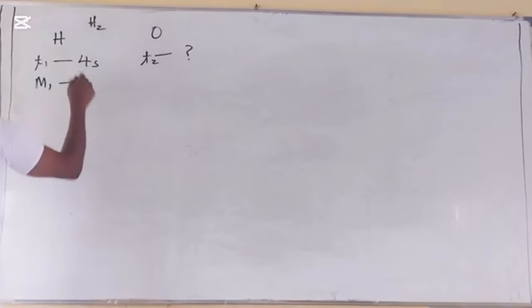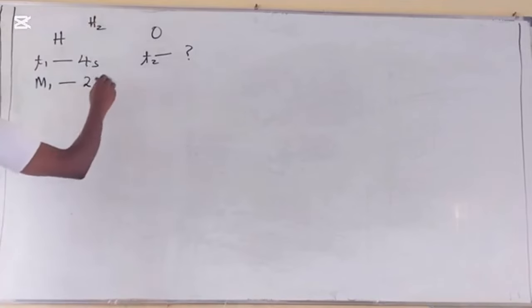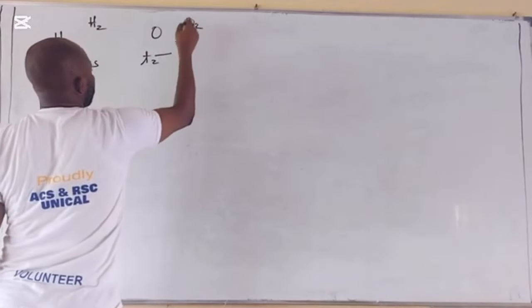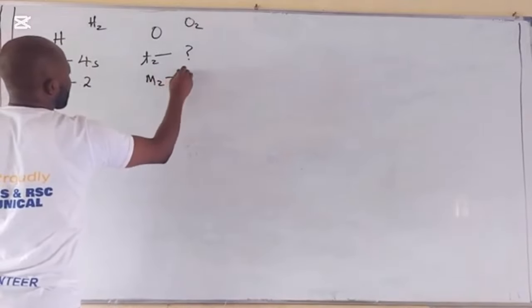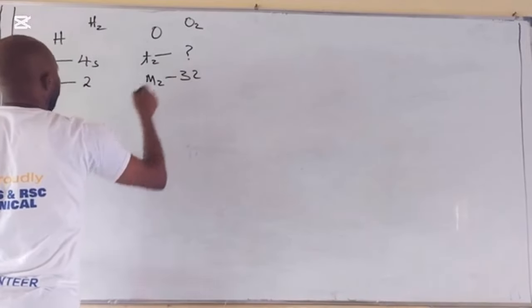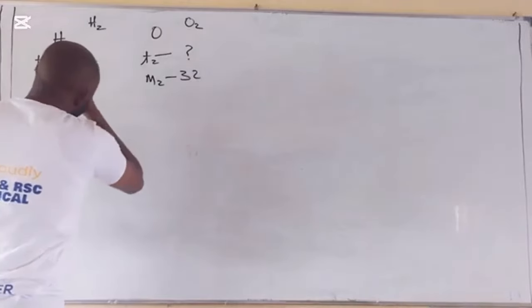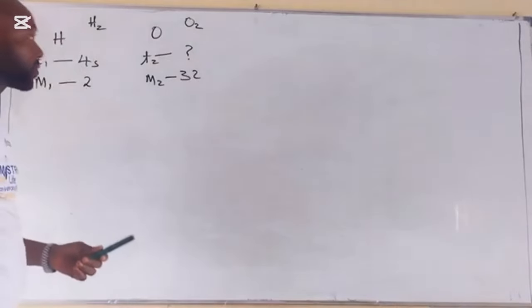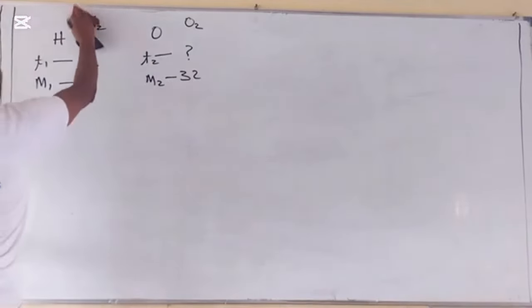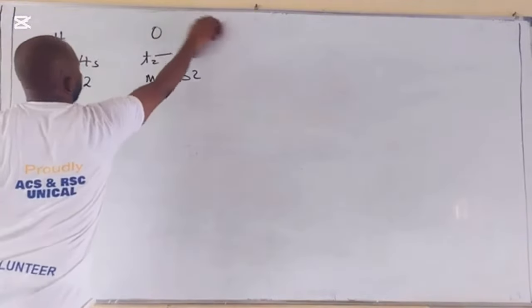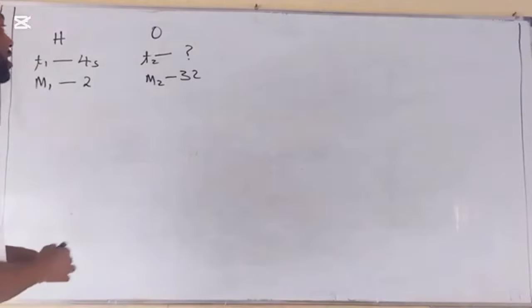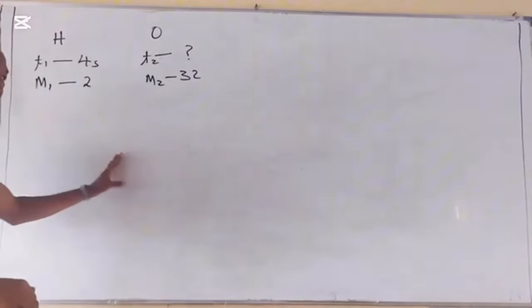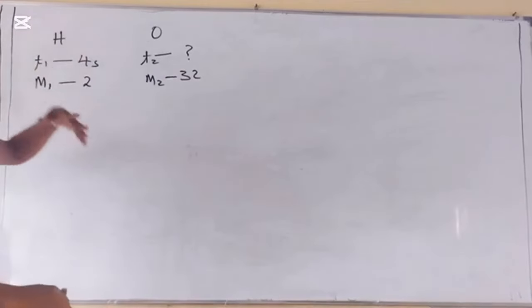And that of oxygen gas is 16 times 2, so M2 would be 32. They did not give us the volume, but we know this reaction takes place under the same conditions of temperature and pressure, which means the volume doesn't change.